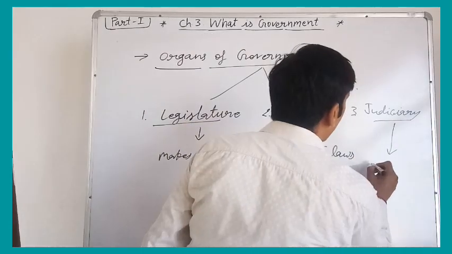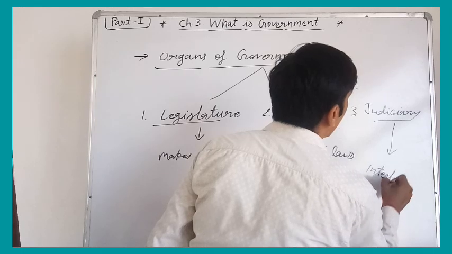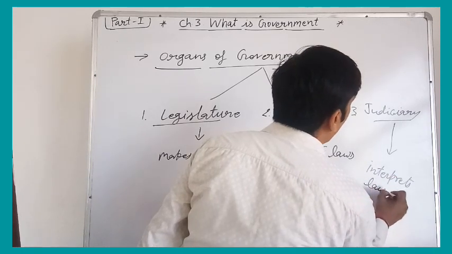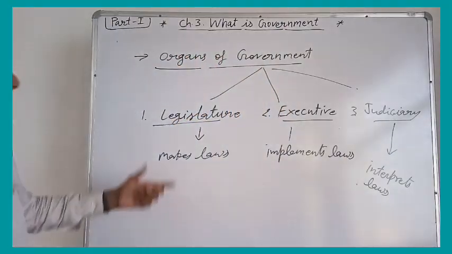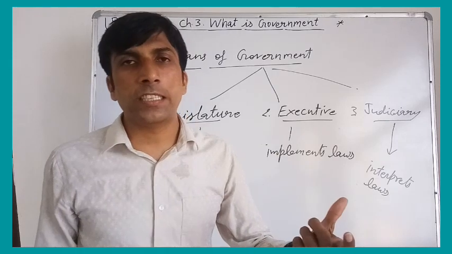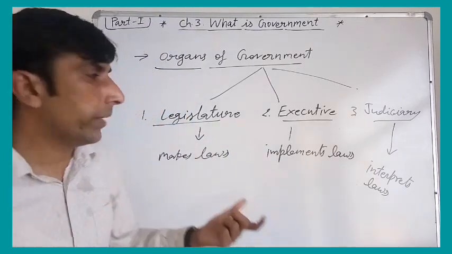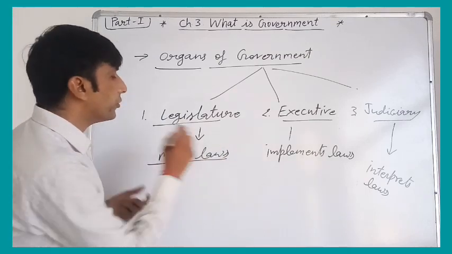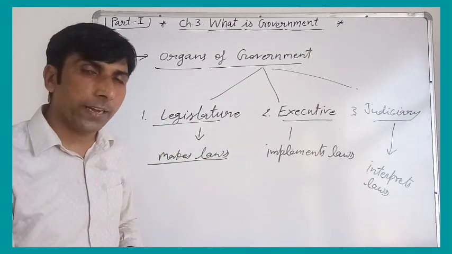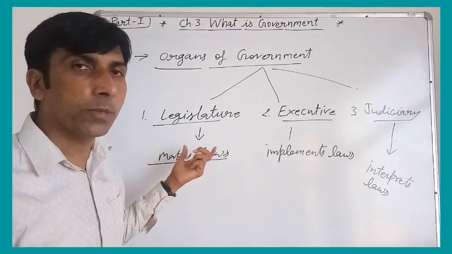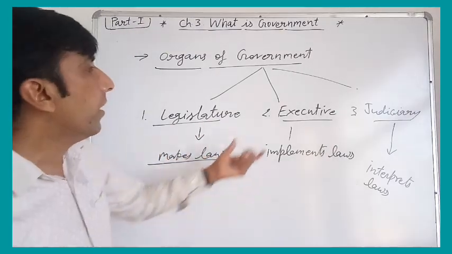And judiciary interprets laws or protects them. So legislature in India, like parliament or state legislative assembly in the states, these kinds of institutions make laws. Clear? And these bodies are representatives of the people, consisting of the representatives of people.